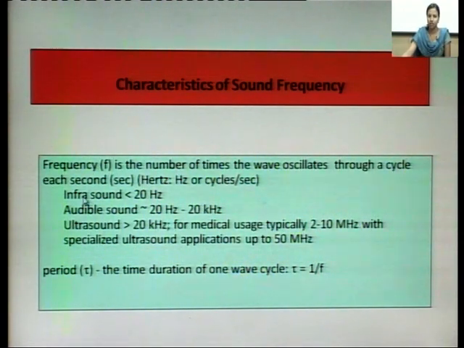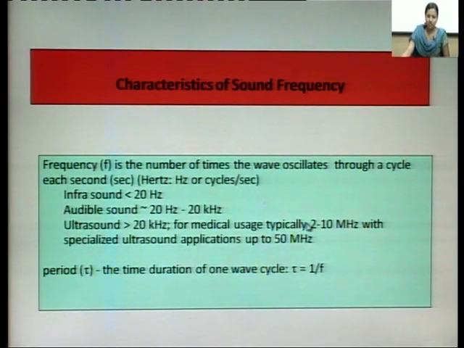Infrasonic waves have frequency less than 20 hertz. The audible range is 20 hertz to 20,000 hertz, and ultrasonic waves have frequency above 20,000 hertz or 20 kilohertz.